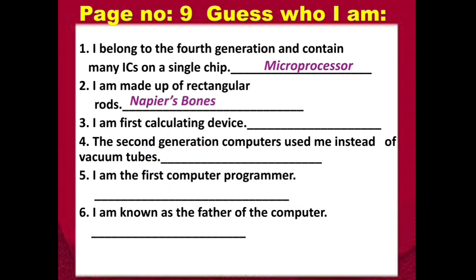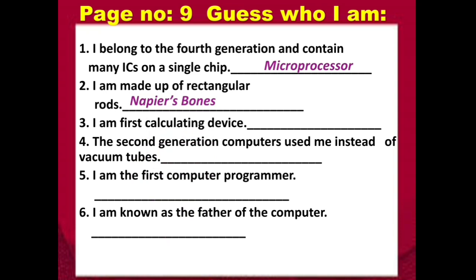Napier's bones. Napier's bones is made up of rectangular rods. The answer is Napier's bones.